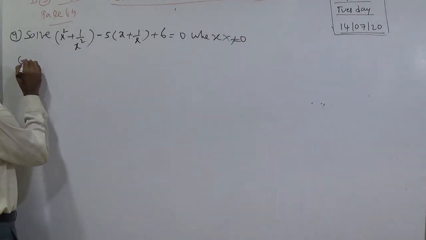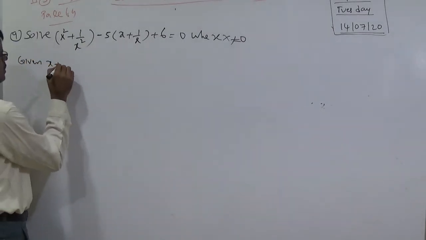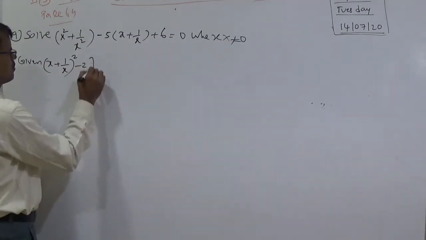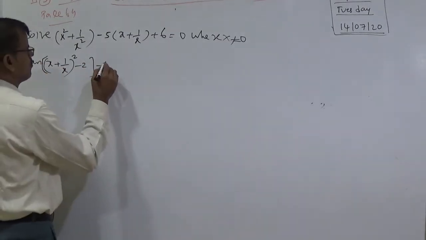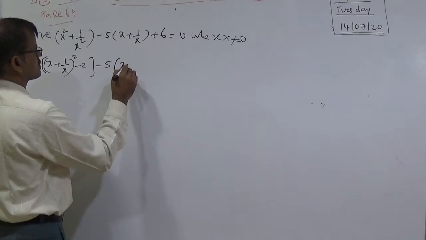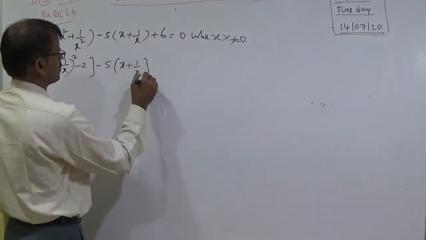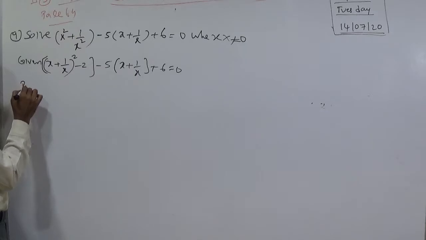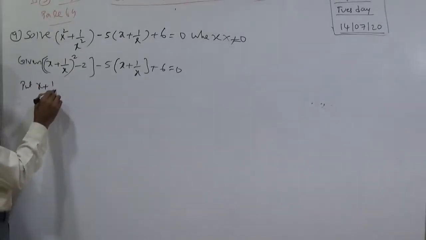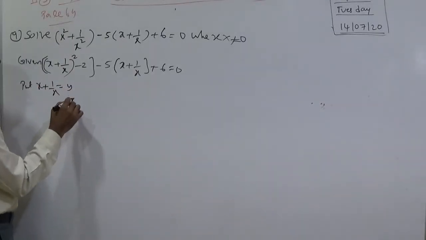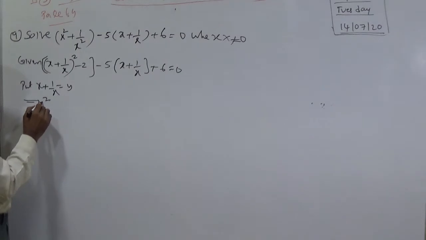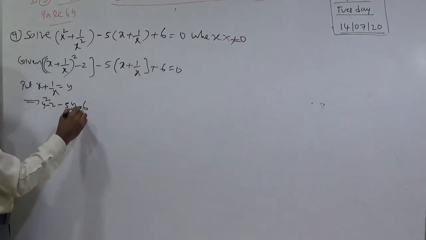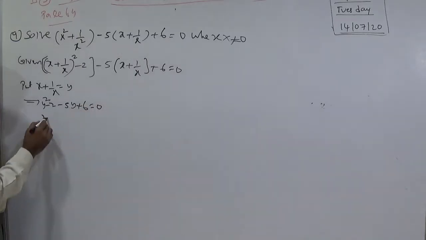Given equation you can write as x plus 1 by x whole square minus 2 minus 5 into x plus 1 by x plus 6 is equal to 0. Put x plus 1 by x is equal to y. That implies y square minus 2 minus 5y plus 6 equal to 0.